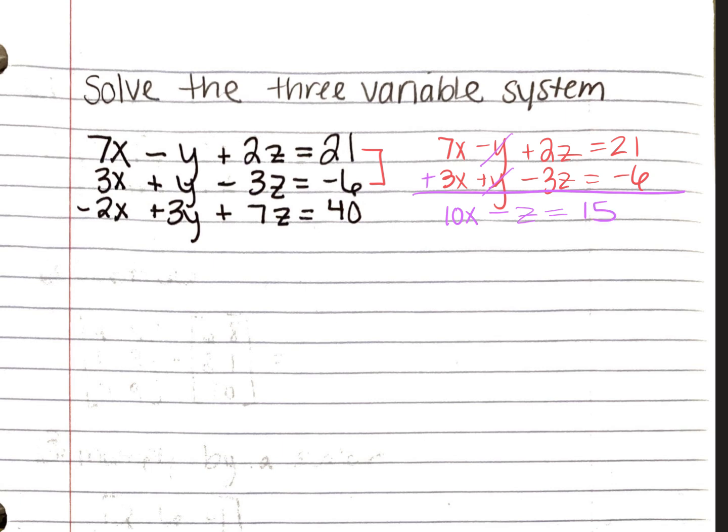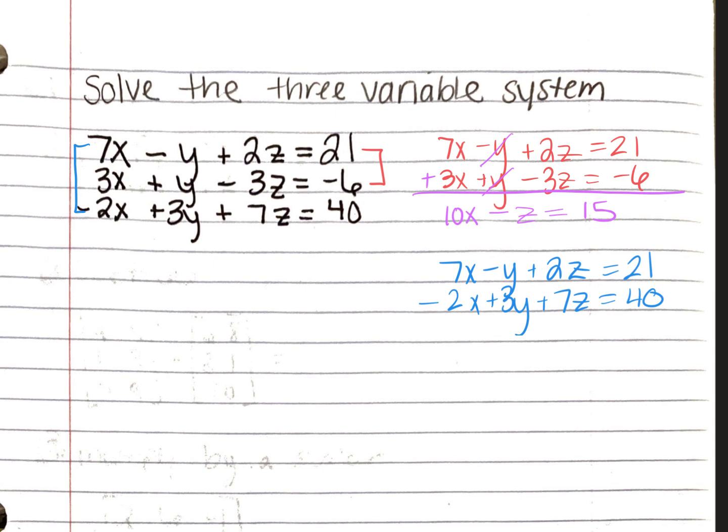Now we have to do this again. So I'm going to take this equation and this equation. So remember, you have to get rid of the same variable. So we have to get rid of y again. I chose this top equation because it already has a negative in front.